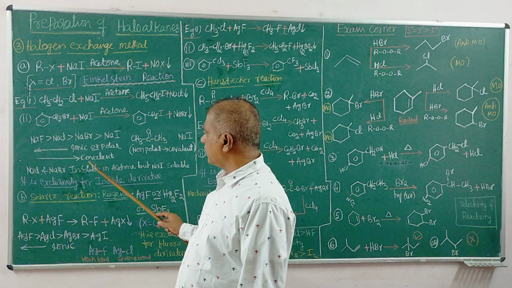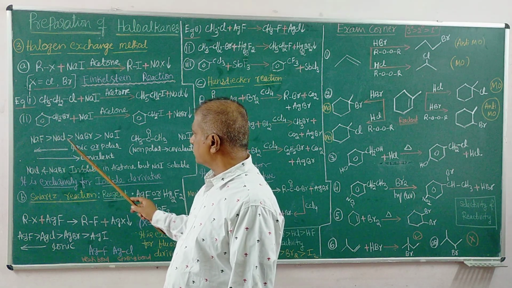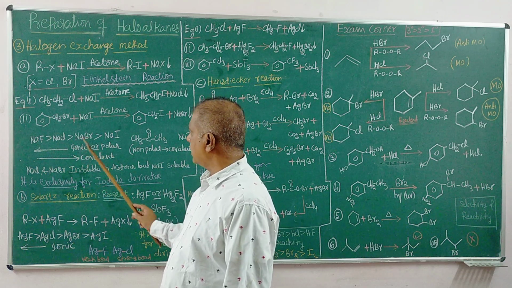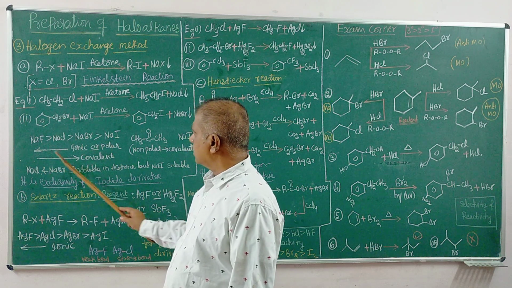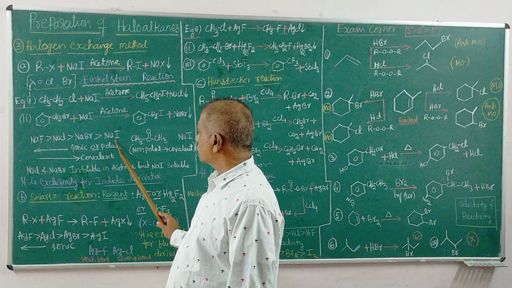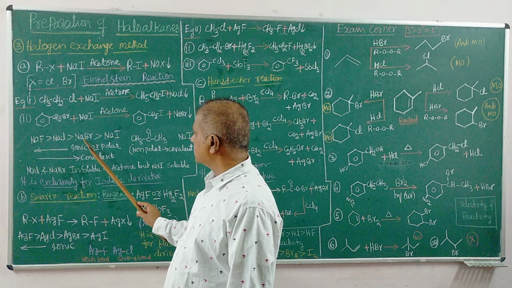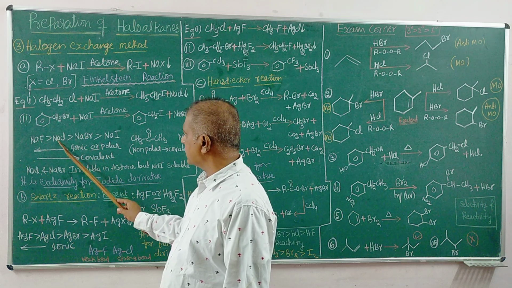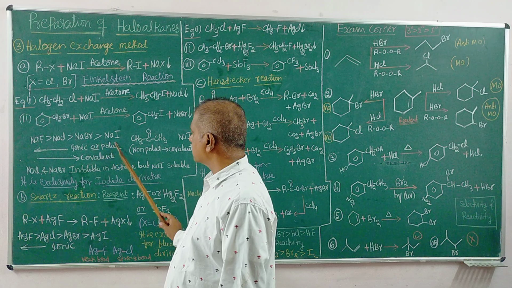The ionic character: the bond between these two atoms is more ionic in this direction and less covalent. In the reverse direction, it is less ionic and more covalent. Here this is more covalent, less ionic; this one is less covalent, more ionic.